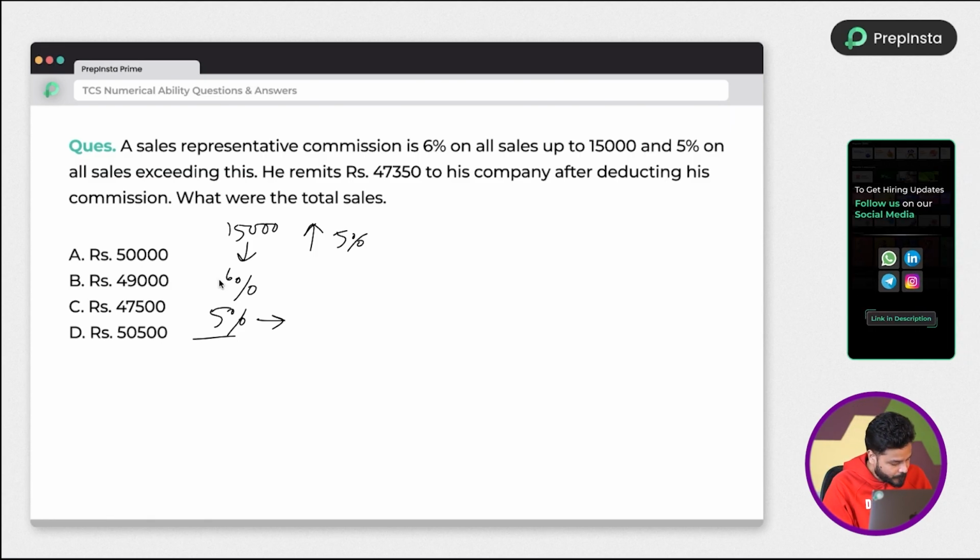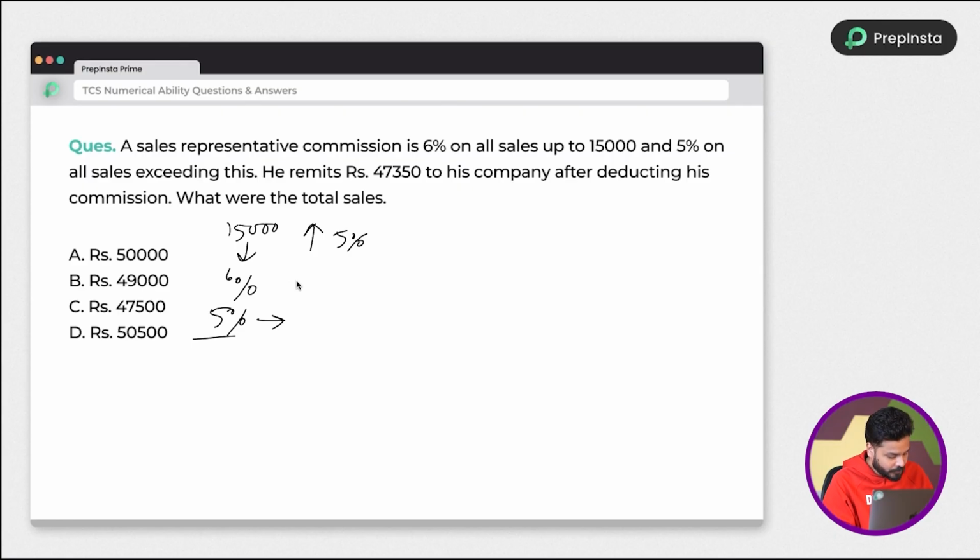If that's the case, what I'll just assume is 1% extra, right? So I am actually not considering one extra percentage here because I'm saying it's 5% throughout. So what is this one extra percentage of 15,000? It's 150 rupees.